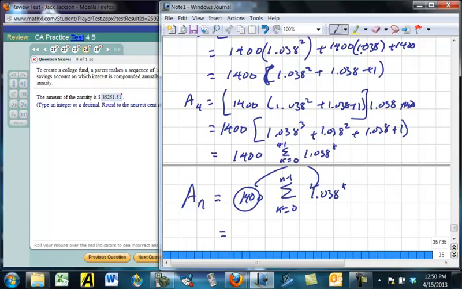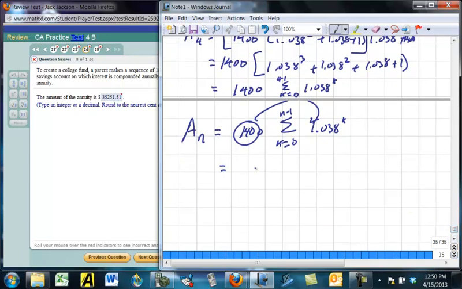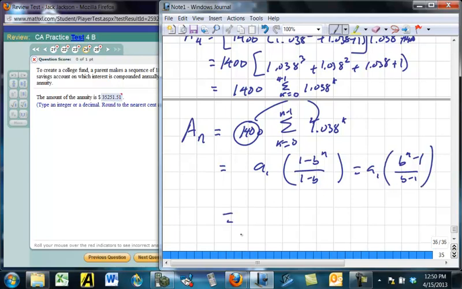So what happens is, this is a geometric series. Okay, so we know it's a1, 1 minus base to the n over 1 minus base. Or if I'd rather, a1, base to the n minus 1 over base minus 1. I'd rather use that because it's a base bigger than 1.